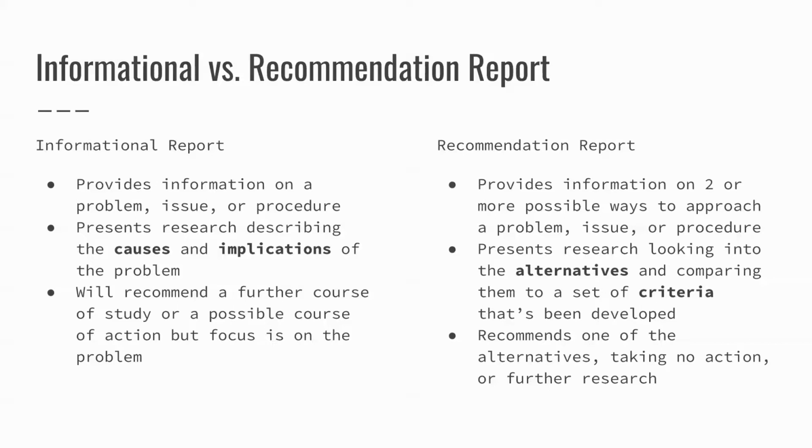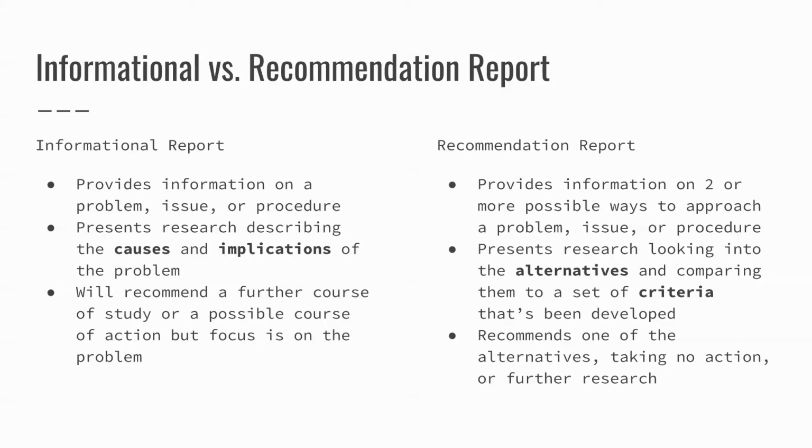You would want to look at what is causing low retention rates and what are the implications of that. Now, you probably would end up recommending a further course of study or maybe even a course of action. You still want to have that recommendation study. What is the next step? Now that you've gathered this information and presented it, what's next? But the focus is really more on the problem than on the solutions.